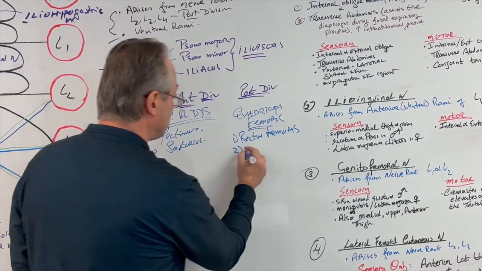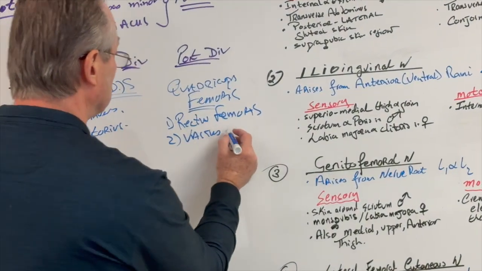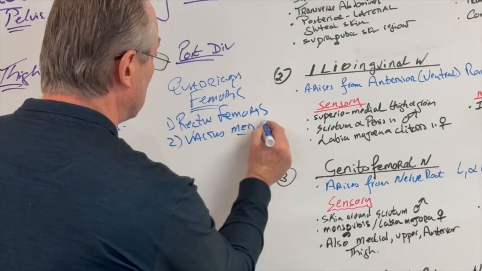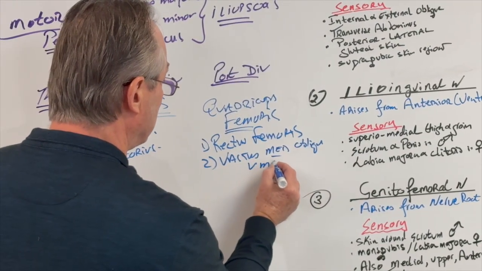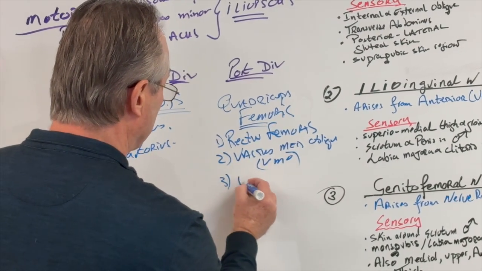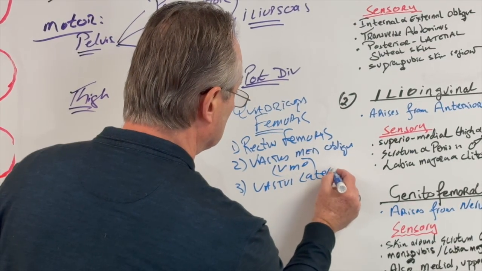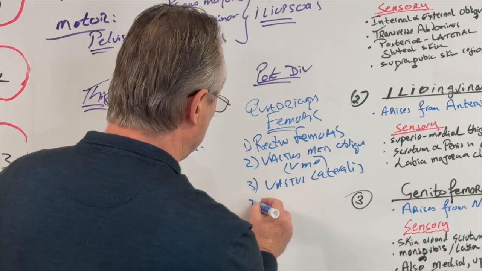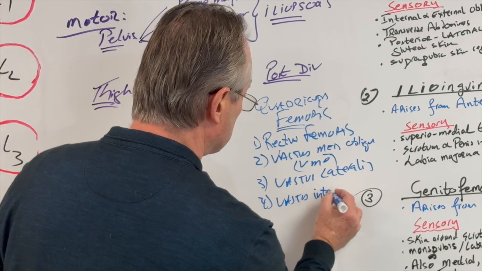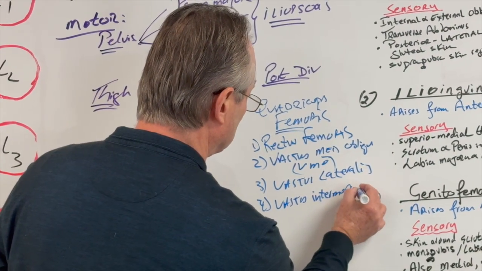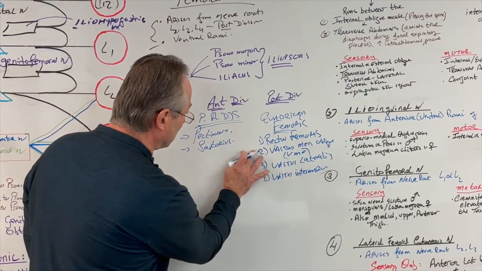Number 2, the vastus medialis obliquus, the VMO, we'll put here VMO. And then you have the vastus lateralis, and we have the vastus intermedius.